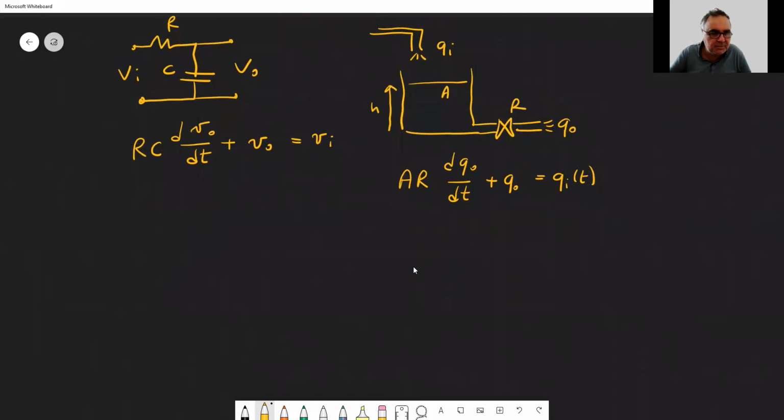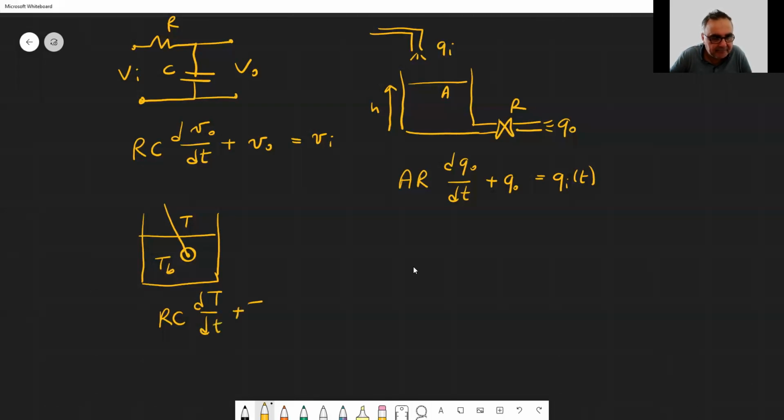You might have a thermometer inserted in a bath, which was the midterm question. Okay. Like this, let's say, thermometer. This is the temperature of the thermometer, T. This is the bath temperature. So RC dT dt and so on.